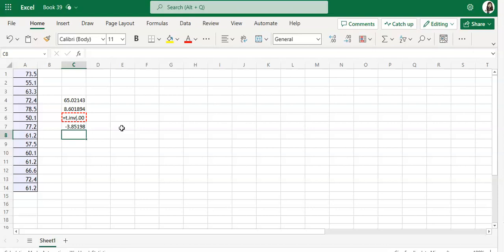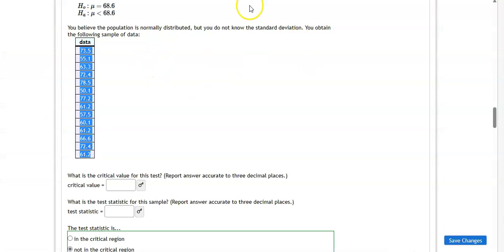So our mean was 65.02143. Our standard deviation was 8.601894. Okay, now let's go back. All right, so our test statistic is a t instead of a z, but it really doesn't change our computation.